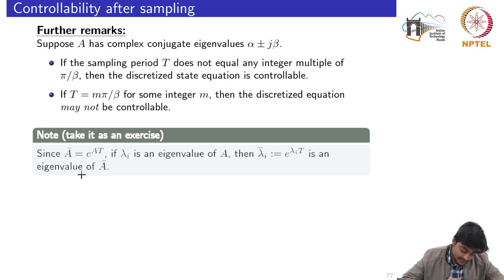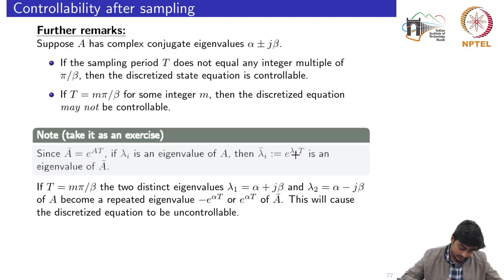Okay, you can take this as an exercise if you have any difficulty in visualizing this, because both the matrices A and A bar are related by this, so the eigenvalues are also related in a similar way. Okay. So see, if t becomes equal to m pi by beta for some integer m, then the two distinct eigenvalues alpha plus j beta and alpha minus j beta of A in fact become a repeated eigenvalue, either minus e to the power alpha t or e to the power alpha t, of A bar.